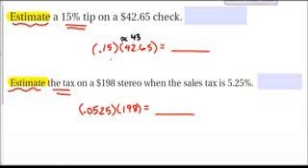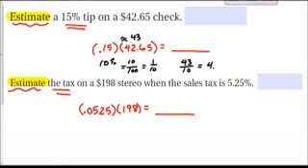And to find 15% is actually pretty easy. 10% of something is just simply 10 out of 100, or 1/10 of that item. So 43 times 1/10, or divided by 10, is 4.3. That is 10%. Now 5% is simply half of 10%.